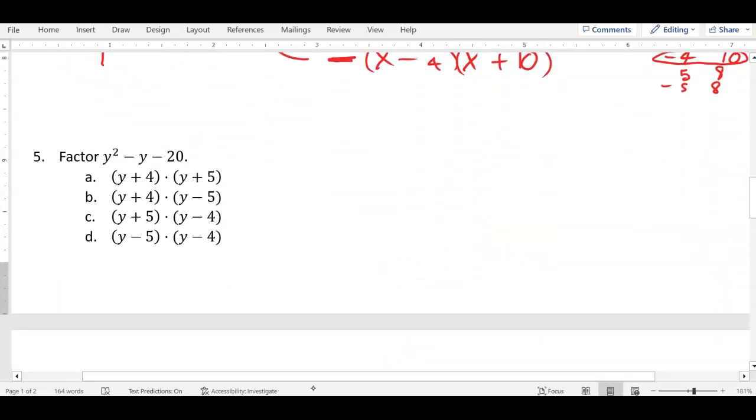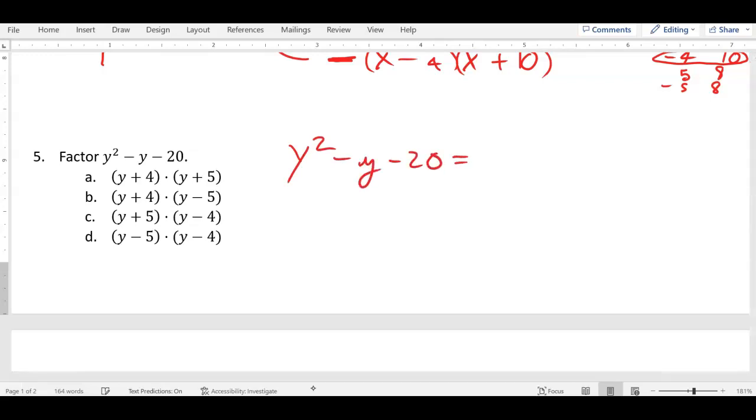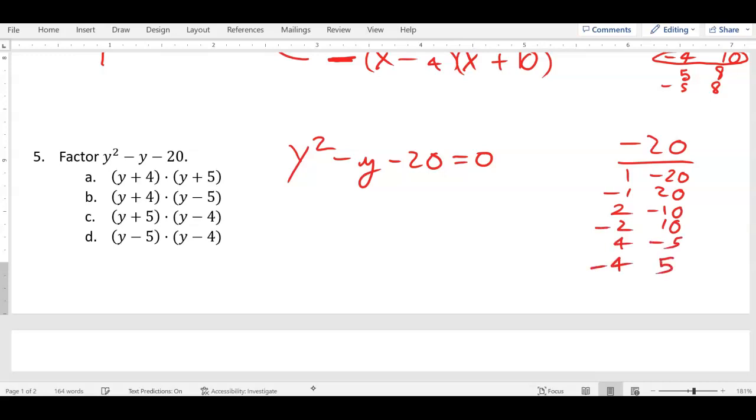Number 5, let's factor the same. Y squared minus y minus 20, put it equal to 0. Let's find the factors of negative 20. 1 times negative 20, negative 1 times 20, 2 times negative 10, negative 2 times 10, 4 times negative 5, negative 4 times 5. And which one of these add up to make, so negative 20 factors that add up to make the middle term, negative 1.